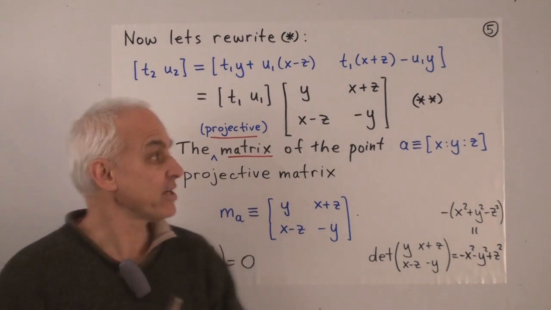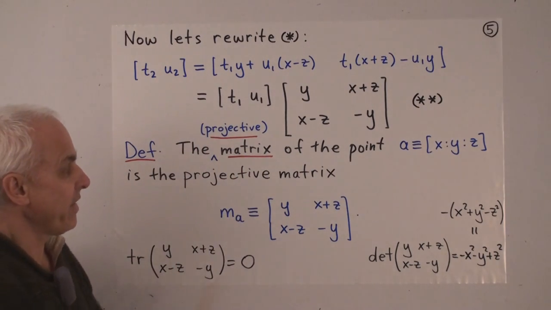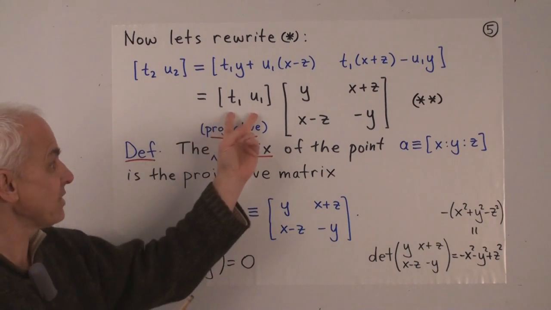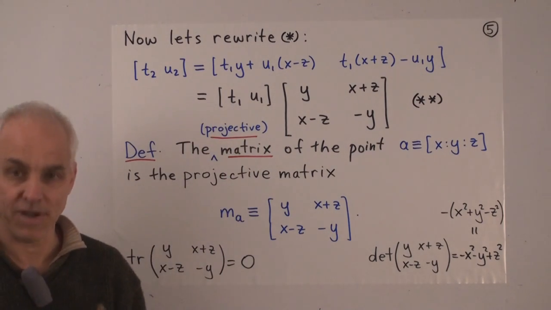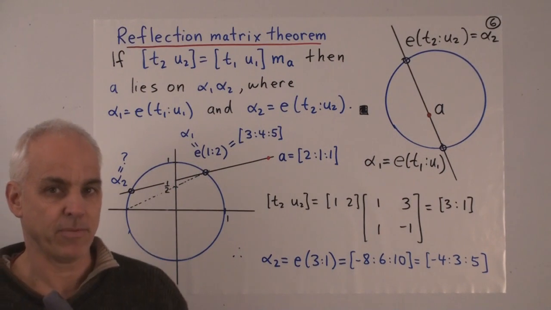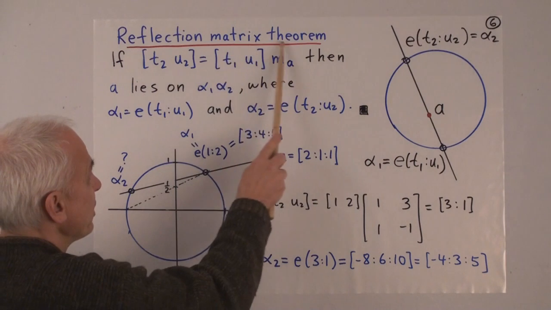And this trace 0 matrix is satisfying this crucial relation, that it's telling us how the reflection in that point transforms one null point to another null point. So let's just summarize that important thing that we just said in this theorem. Let's call it the reflection matrix theorem.